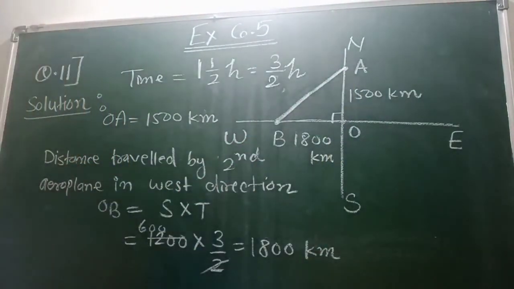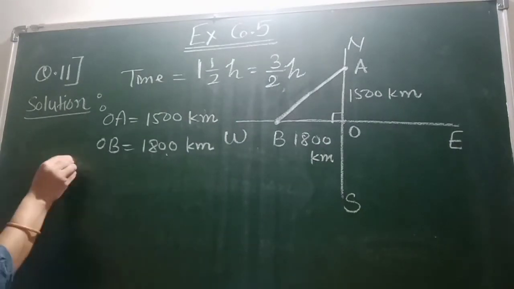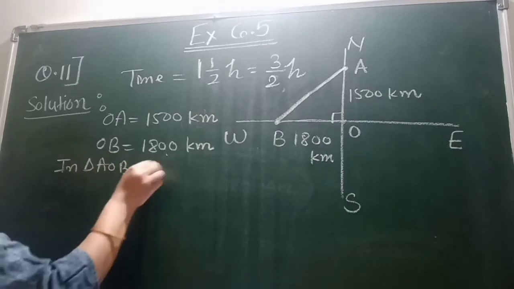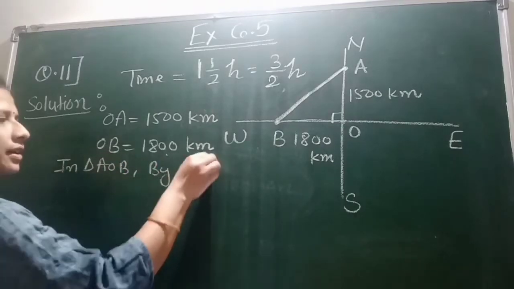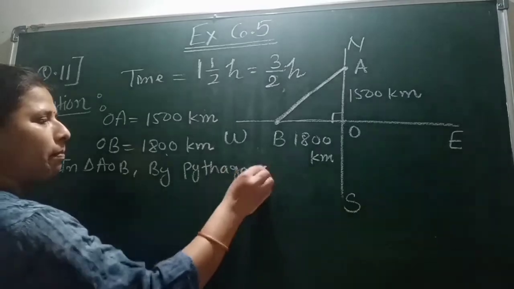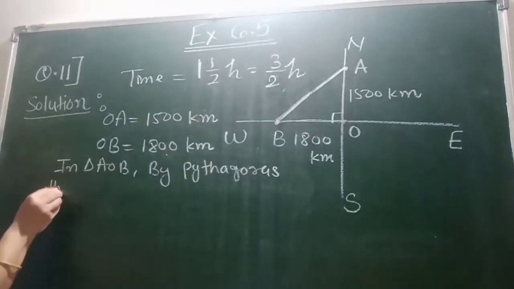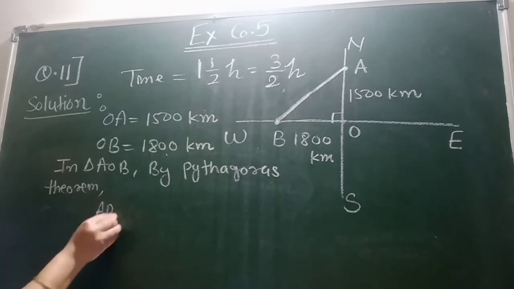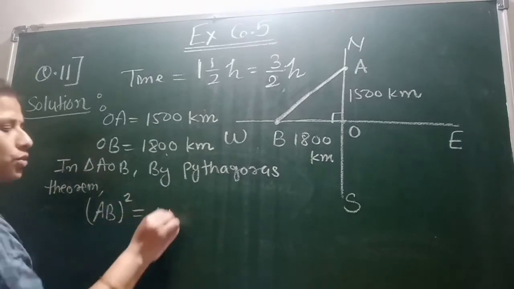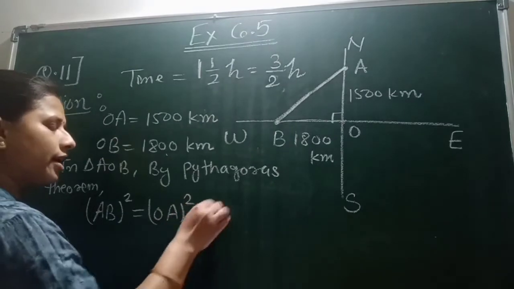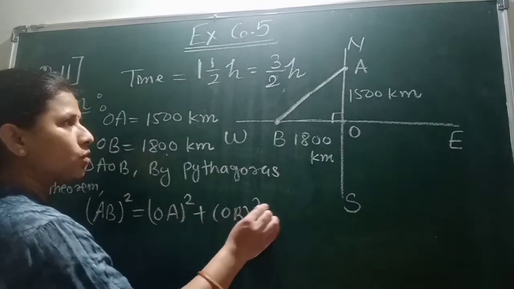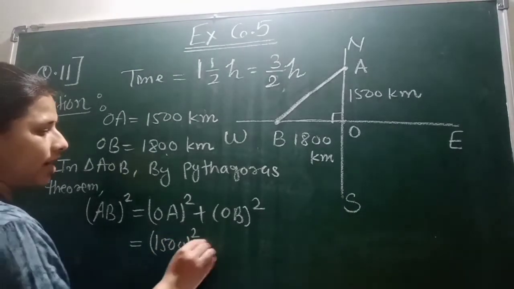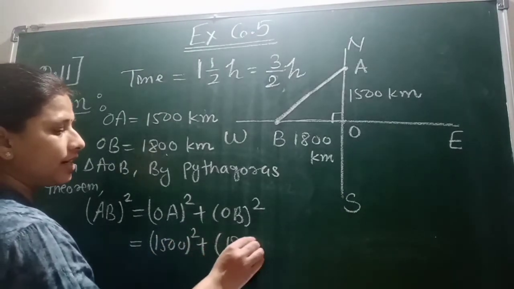So in triangle AOB, by Pythagoras theorem, hypotenuse, it means AB square equals OA square plus OB square. Here the value of OA is 1500 square, and the value of OB is 1800 square.